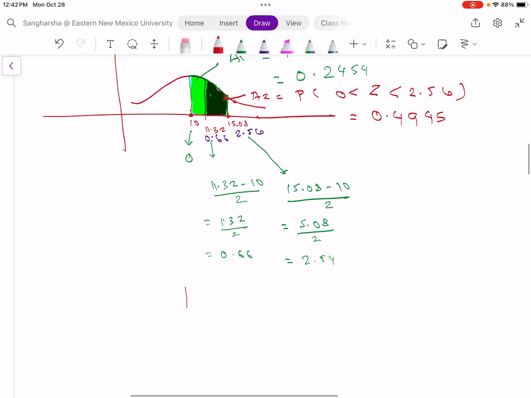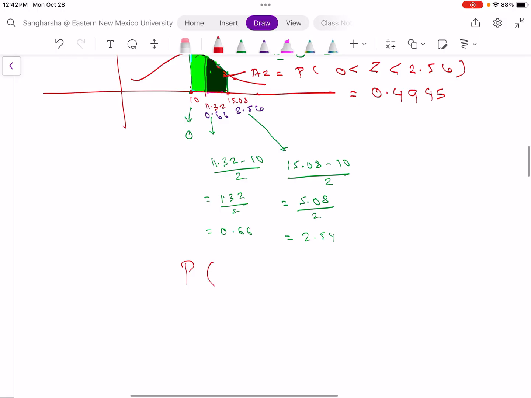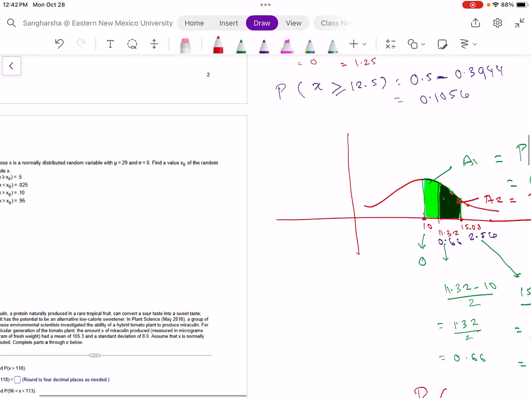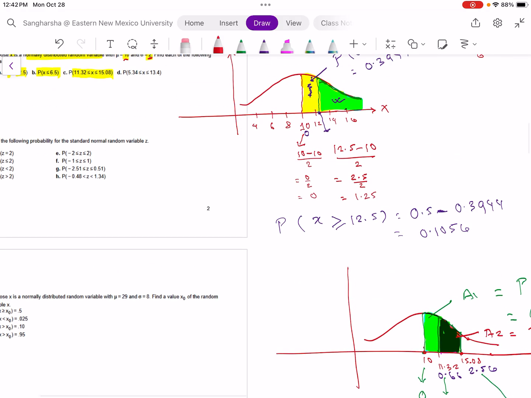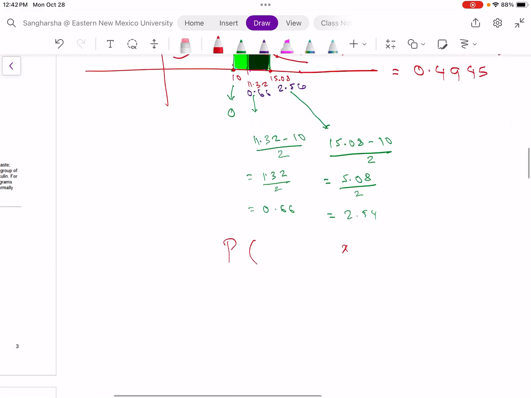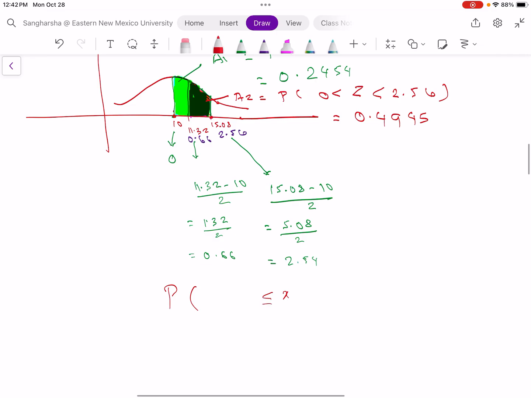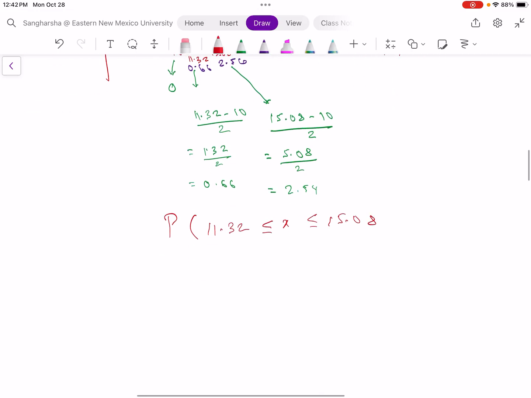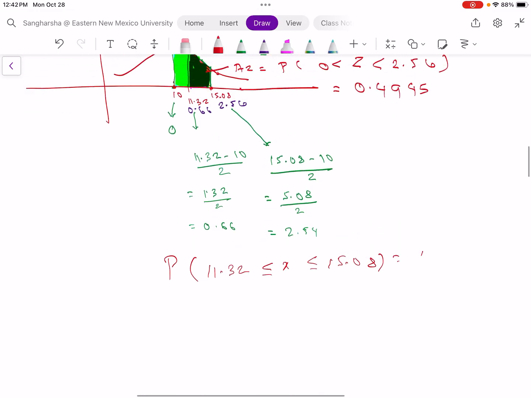So the question was finding the probability that X is, okay, what is the question? Greater than or equal to 11.32, less than or equal to 12.08, equals A2 minus A1.